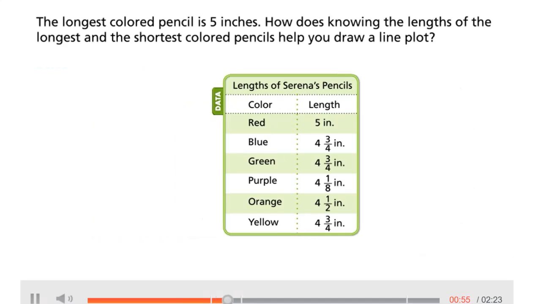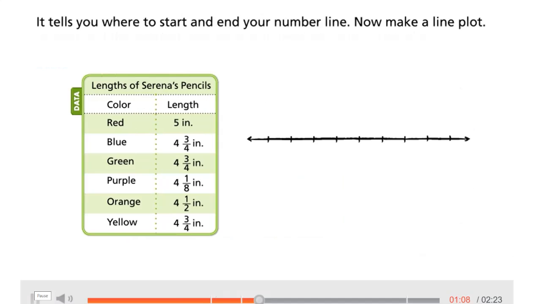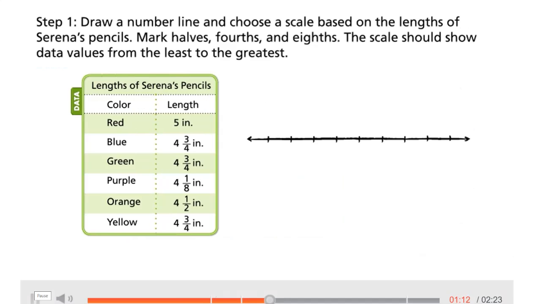How does knowing the lengths of the longest and the shortest colored pencils help you draw a line plot? It tells you where to start and end your number line. Now make a line plot. Step 1. Draw a number line and choose a scale based on the lengths of Serena's pencils.